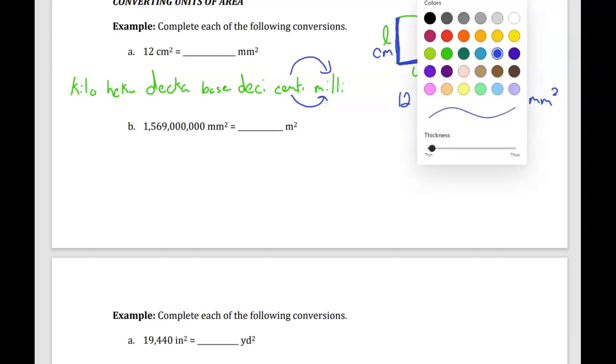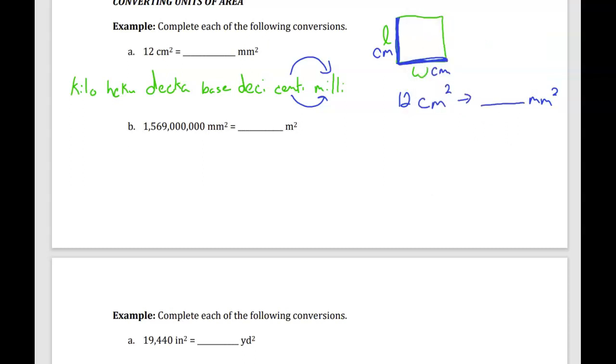And so I'm going to move my decimal. I'm still jumping to the right. I'm going to move my decimal that starts out behind the 2, and I'm going to move 2 places to the right. So I would have 1, 2, 0, 0. So I'd have 1200 millimeters squared.